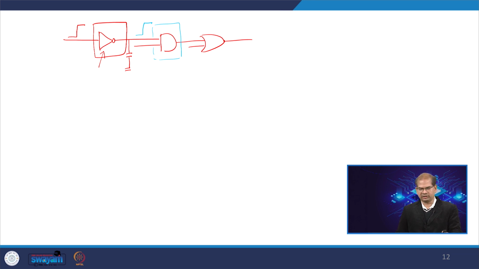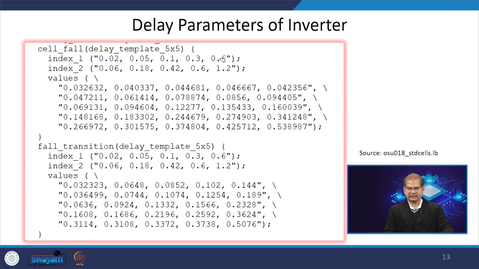So, for an inverter, how many tables should be stored? Here we have the delay parameters corresponding to the inverter. We are varying the load and the slew; these are the indices. Different combinations are stored here.